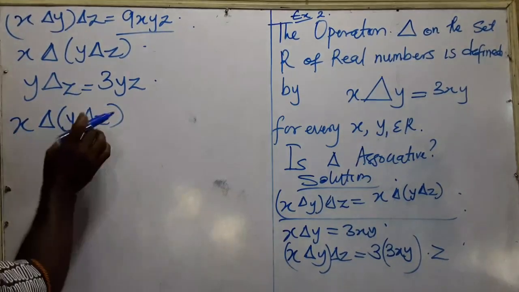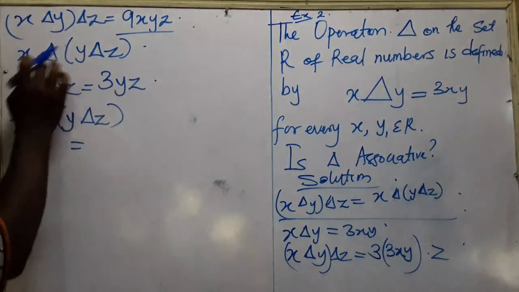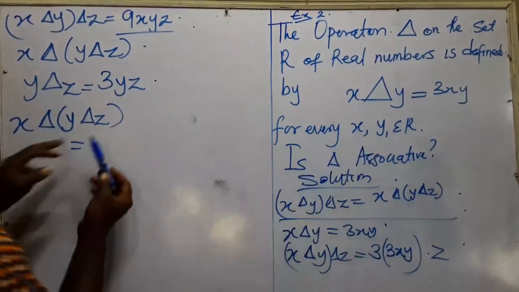Now, if y operation z is 3yz, then looking for x operation y operation z, everything here will be z in the value, from the definition everything here will be y.